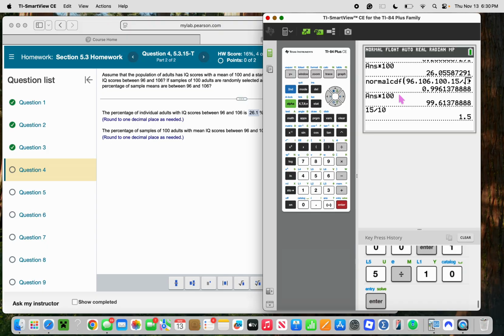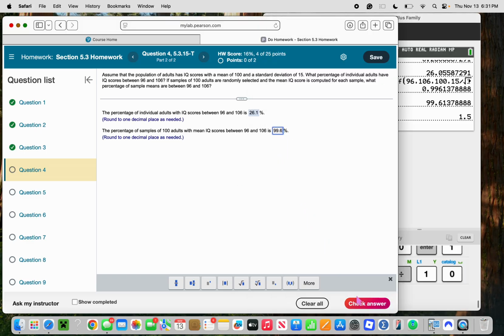And then in the population, 3 standard deviations to the left and to the right is going to be 100 minus 45, which is 55, and 100 plus 45, which is 145. So we're looking at a range of 55 to 145. So it makes a significant difference in the spread of our data, and so that's why the probability is so much higher.